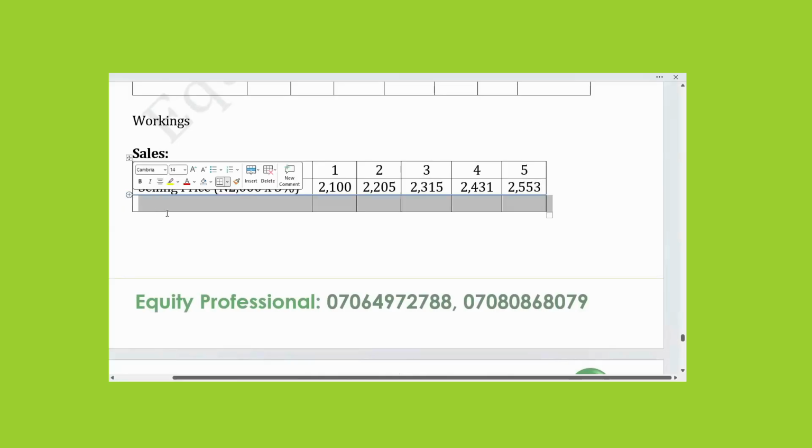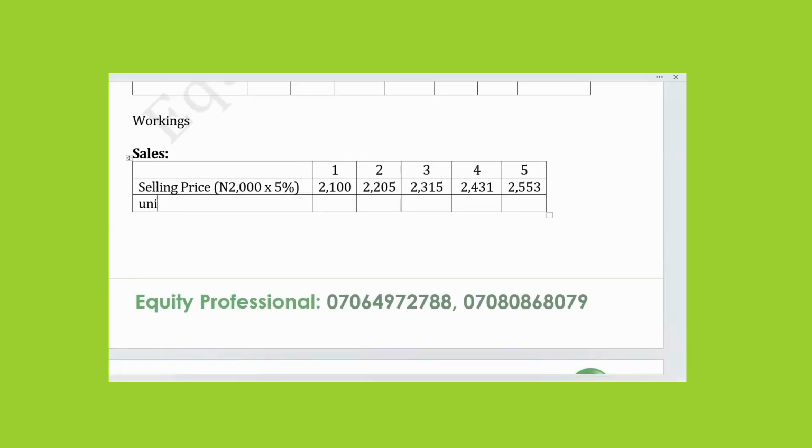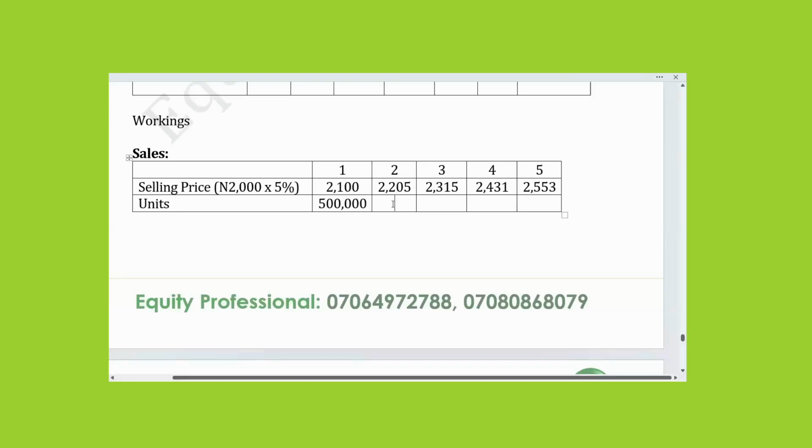I will then multiply this with the number of units. What's the units sold in year one? 500,000. Units sold in year two? 600,000.